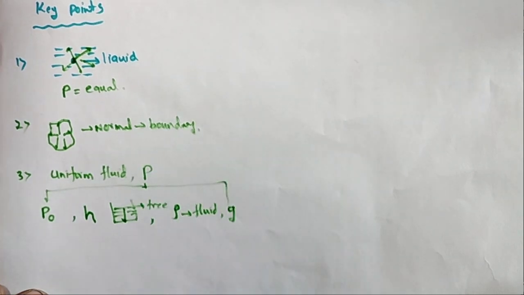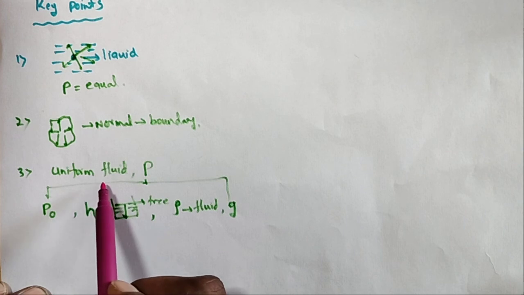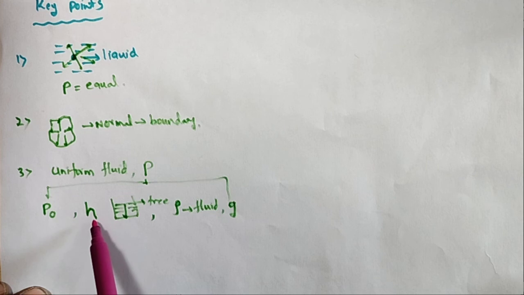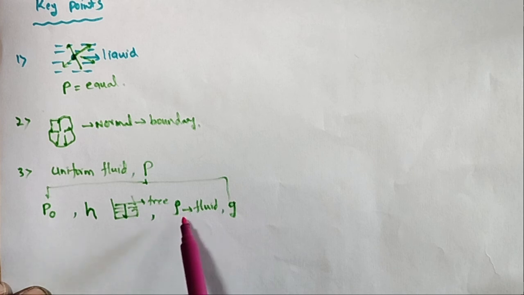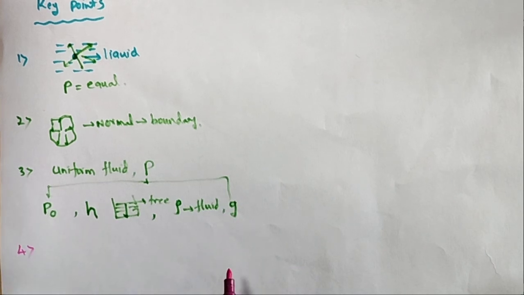Important points. So in a uniform fluid, what is the pressure dependence? One is atmospheric pressure, one is the depth of the desired point below the free surface, the density of the fluid, and g, the acceleration due to gravity. And what is independent?